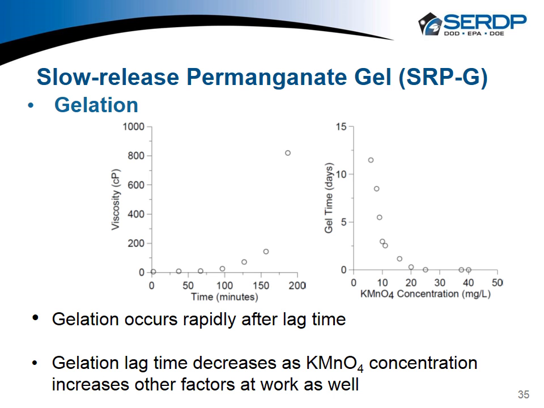Okay, so here are two graphs that we generated. The one on the left shows how viscosity changes with time when we, for example, mix colloidal silica with dense permanganate solution.